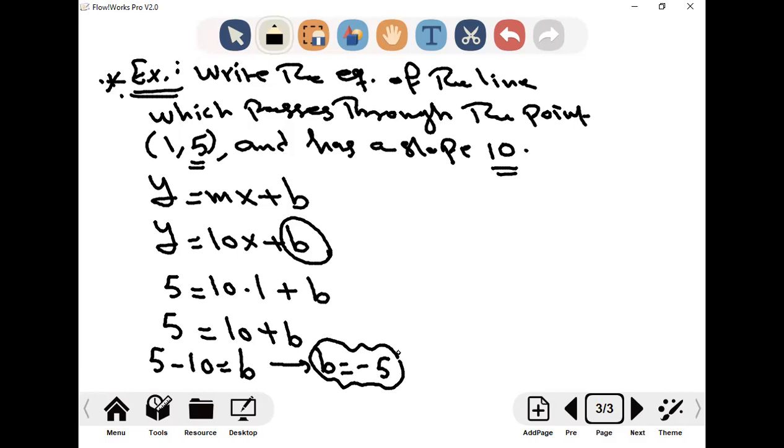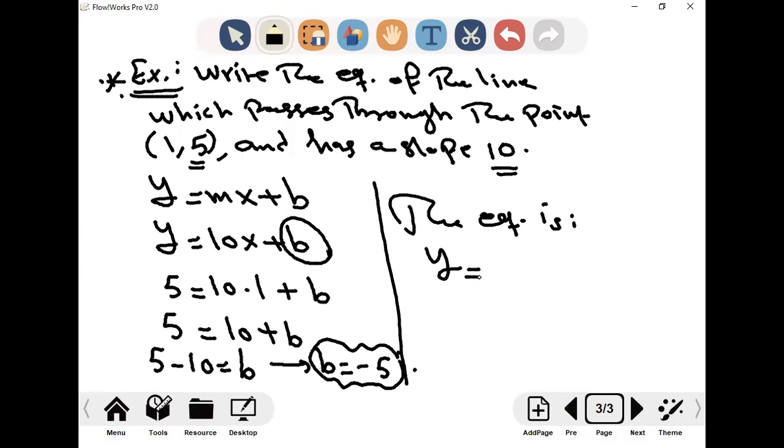So I need to fill in the equation: y equals mx plus b. m is 10, plus b, which is minus 5. y equals 10x minus 5. This is the equation.